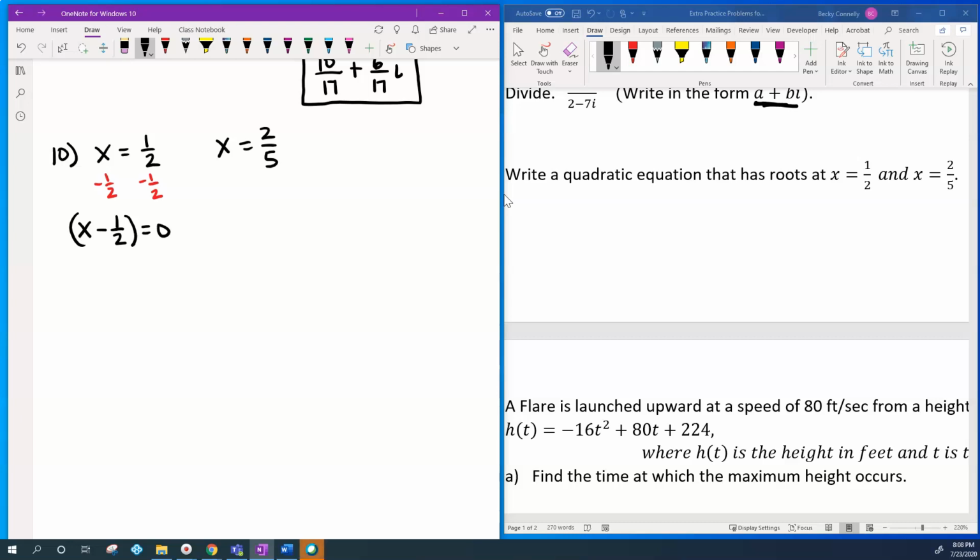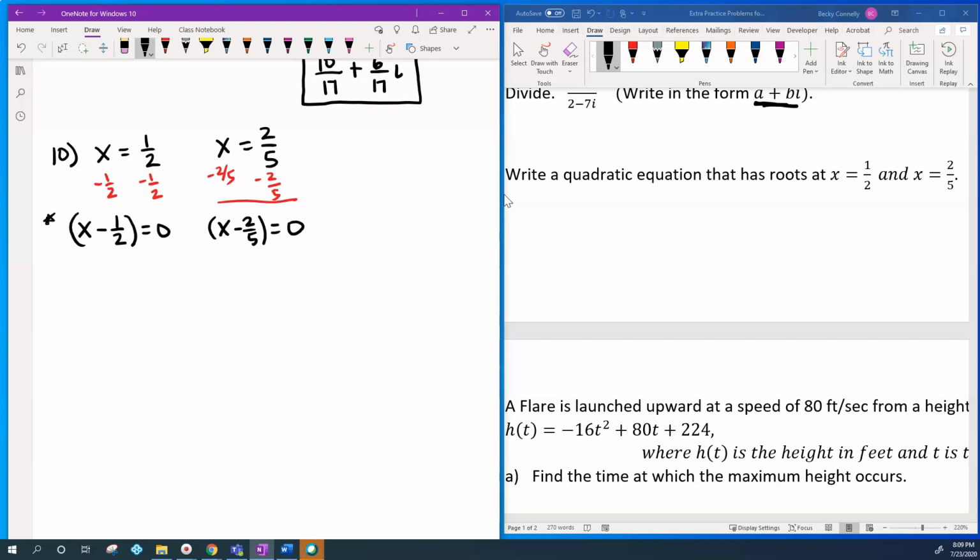And then on the other one, if I subtract that over, then I would get x minus 2/5 equals 0. Okay? And sometimes people are like, oh, I don't like dealing with these fractions. I mean, you could clear the fraction if you wanted to, so you didn't have to deal with it. Like on this first one, you could multiply that whole equation by 2 to clear that fraction, right?